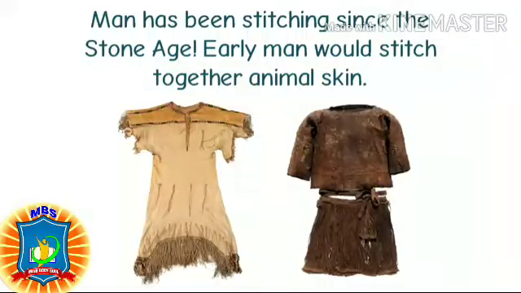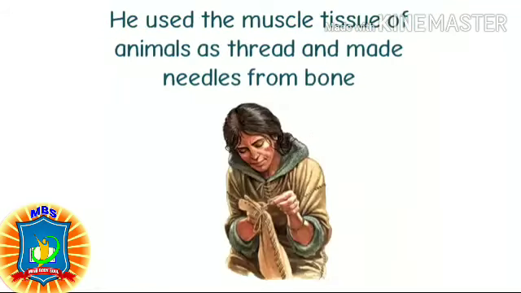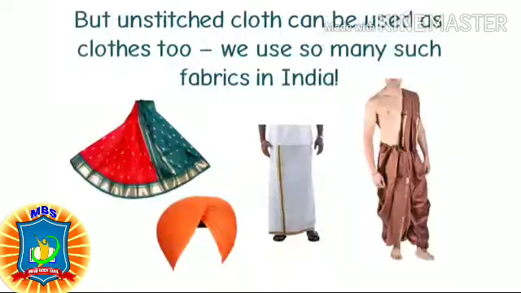Man has been stitching since the Stone Age. Early man would stitch together animal skin. He used the muscle tissue of animals as thread and made needles from bone.